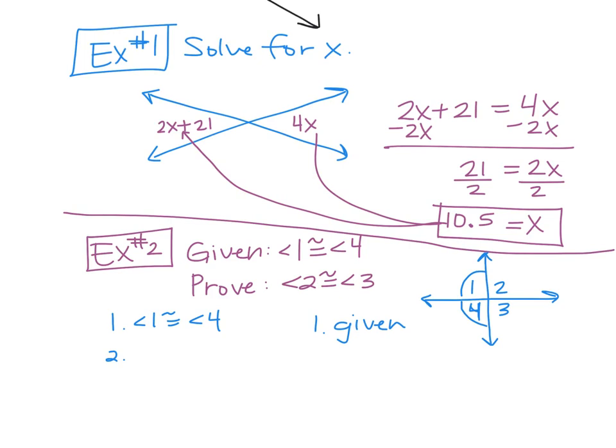We're trying to prove 2 is congruent to 3. We don't know that yet. And what's true about vertical angles?